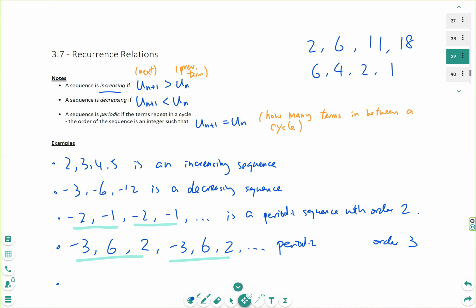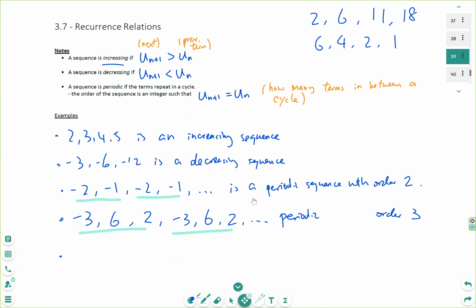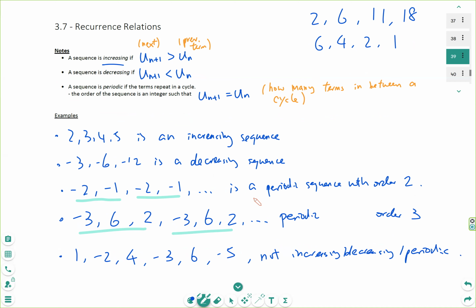For example, I just make it up: 1, -2, 4, -3, 6, -5. This is not increasing, decreasing or periodic. It's just a random sequence.